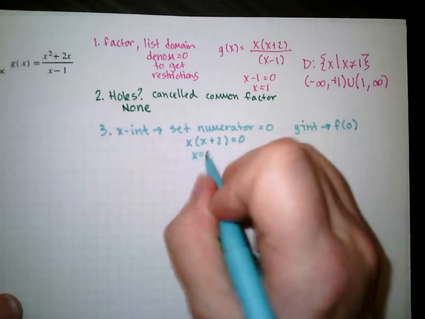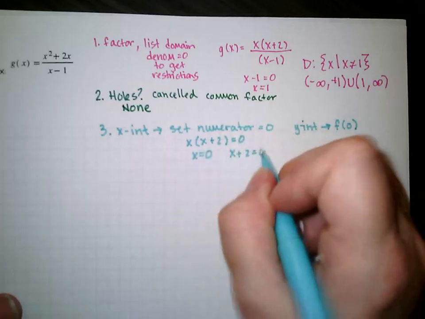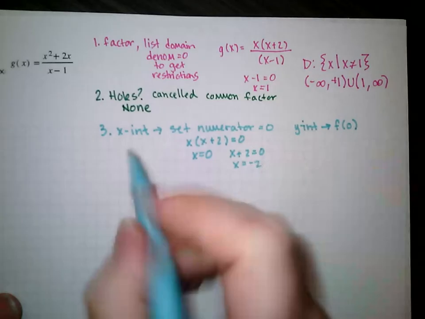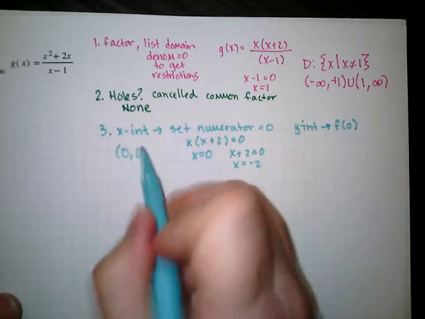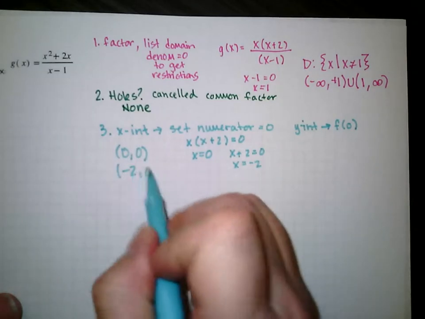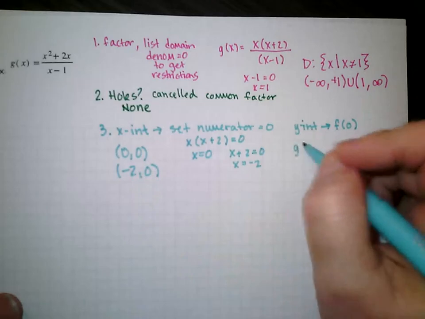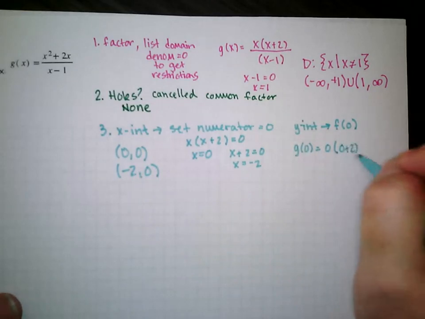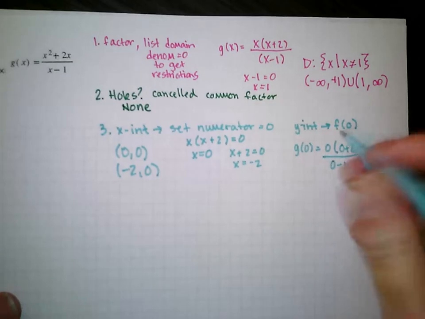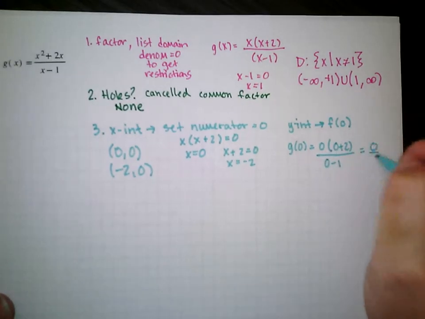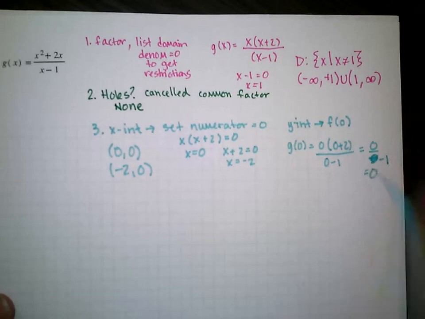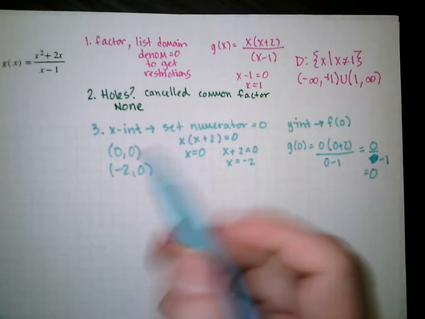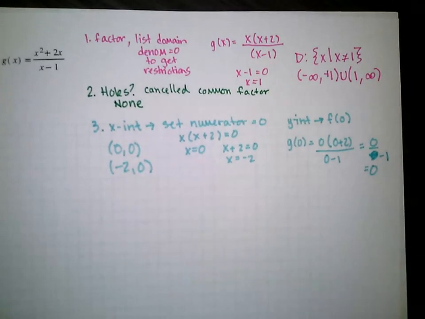So x equals 0, x plus 2 equals 0, so we've got 0, 0 and negative 2, 0. For the y-intercept, finding g of 0 would be 0 times 0 plus 2 over 0 minus 1, which is, oh my goodness, 0 over negative 1. So still 0. So 0, 0 for the x-intercept and y-intercept.